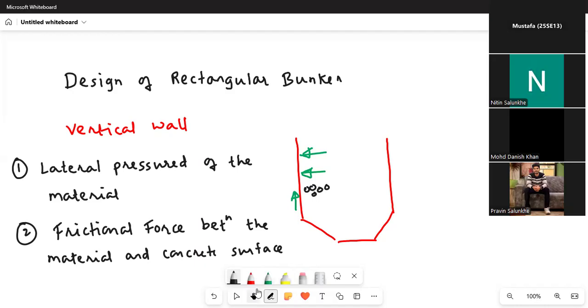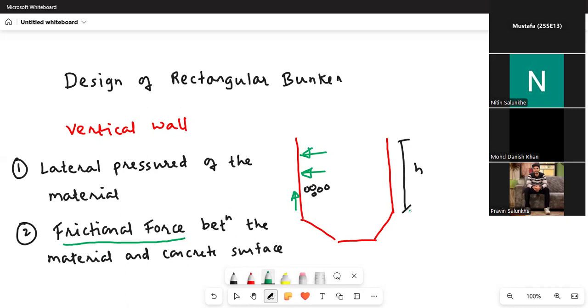Now, when you're talking about the bunkers, the depth of the bunker is small as compared to the silos. Silos are the larger bins. The height of the silos will be higher than the bunkers. Since h is small in the bunkers, we can ignore the frictional force. You get more frictional force when the height is more.